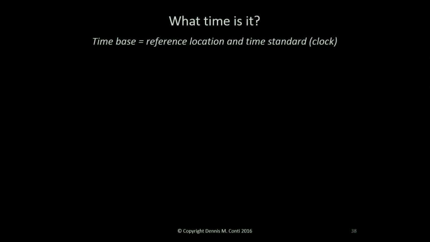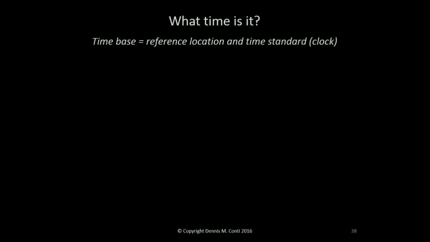Based on what we just saw, it's a function of what the reference location is where we're measuring the time. And also, it's a function of what clock we're using. If we're using a watch, it may not be as accurate, for example, as an atomic clock. So the two factors, where we are measuring something from and what clock or time standard we're using, is called the time base of our measurement.